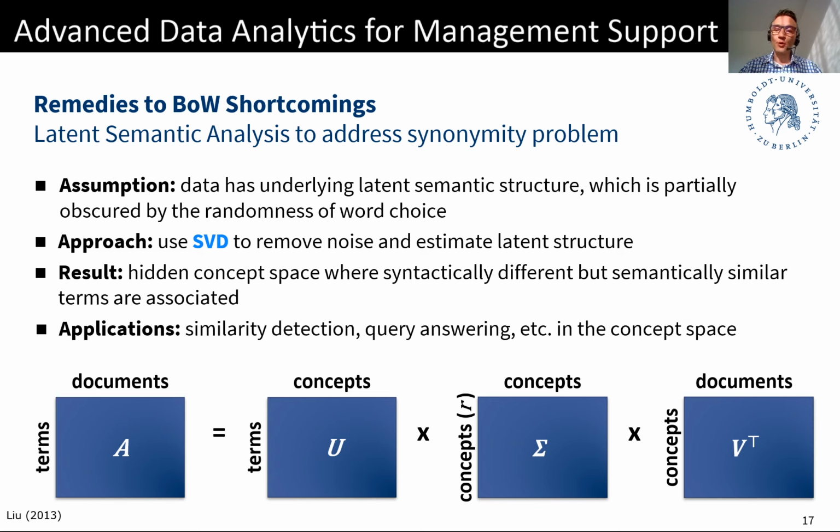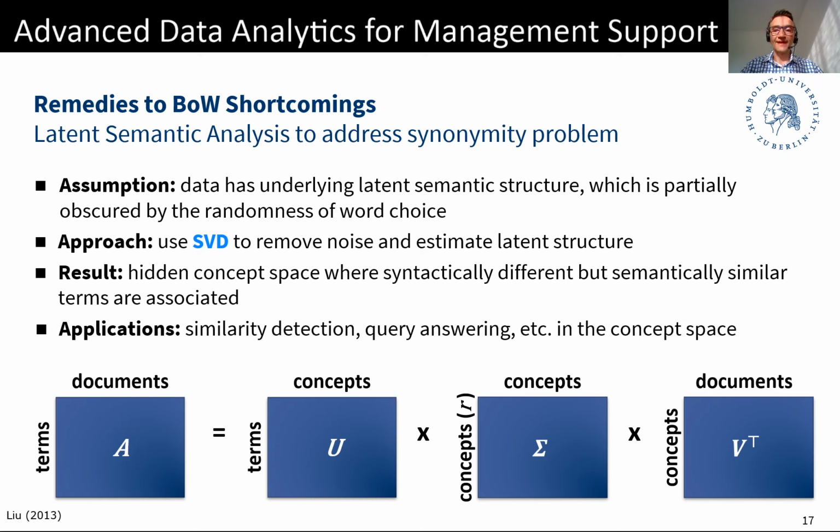That's how SVD works. In a nutshell, this matrix factorization delivers a reduction of the dimensionality, because if we want to, let's say, classify documents, we could use the document's concept matrix, the dimensionality of which we can control.